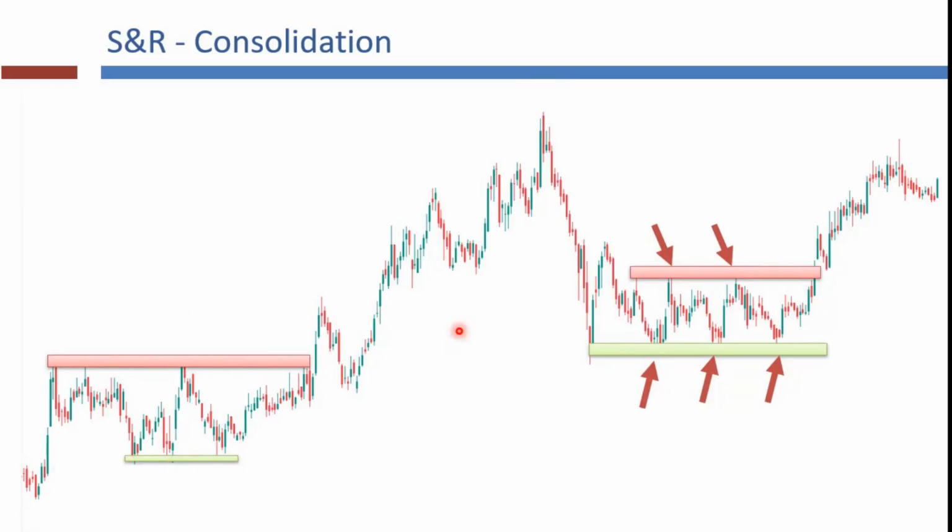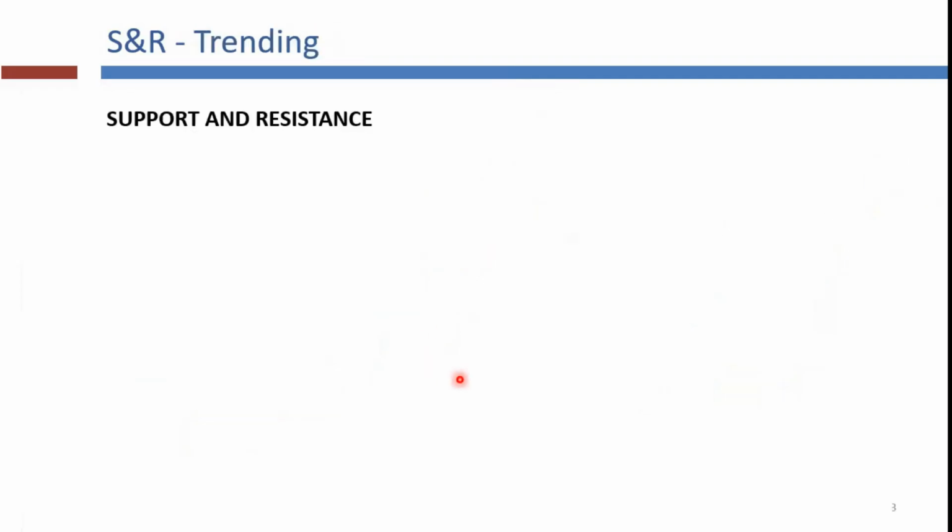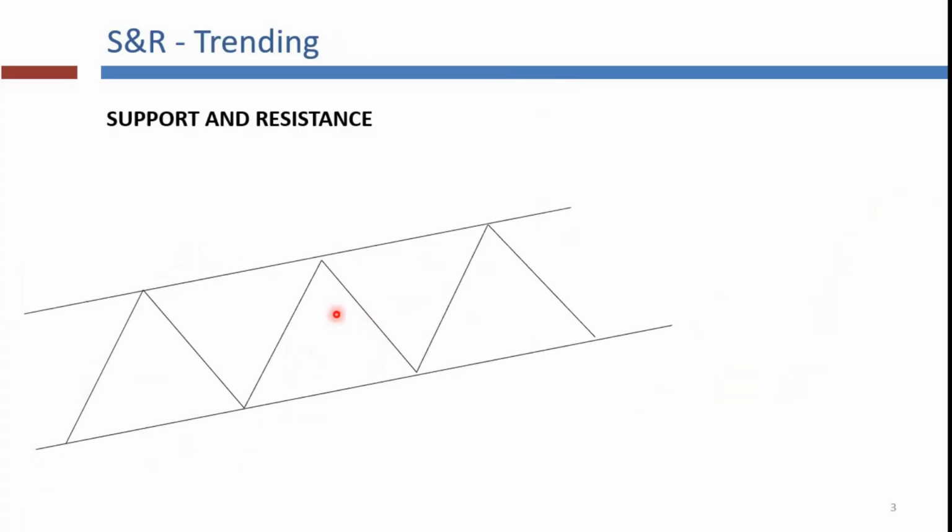Till now, we have discussed static support and resistance. Now, let us look at dynamic support and resistance. In case you see price trending upwards, you can draw support and resistance zones in this manner. You can draw diagonal trend lines connecting the pivot points, which can act as support and resistance zones.